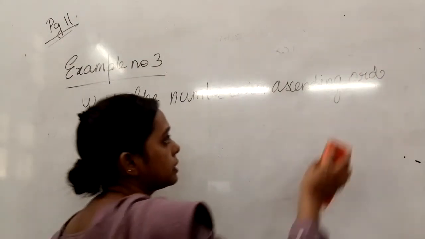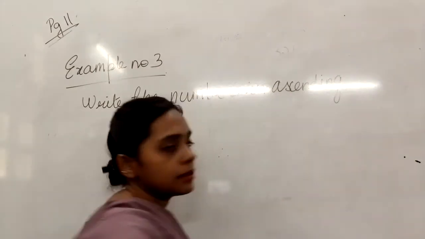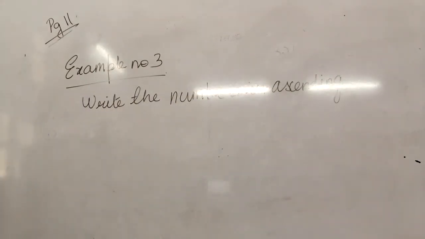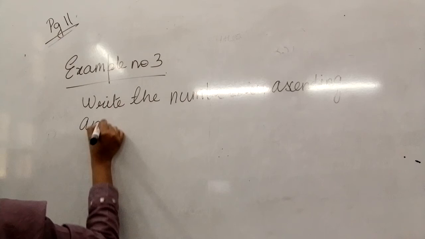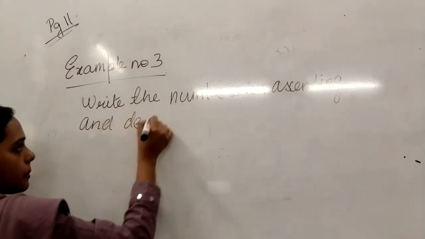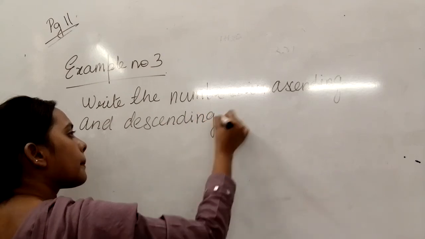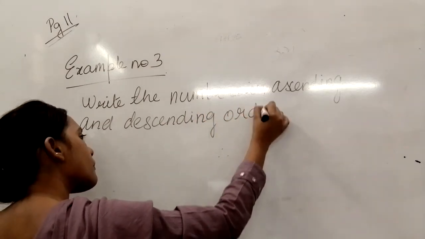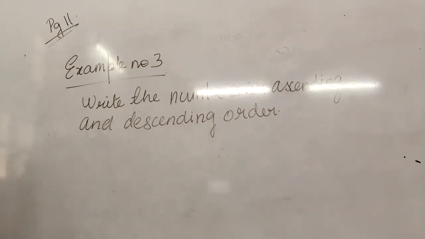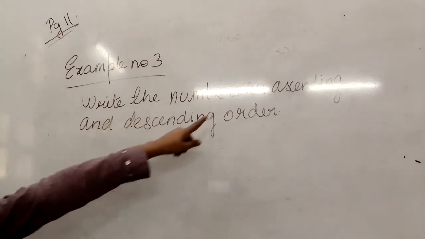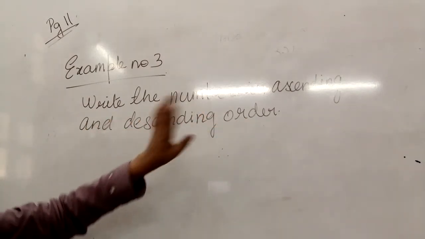Okay, so you will write everything in ascending and descending order. What is your question here? Write the numbers in ascending and descending order.